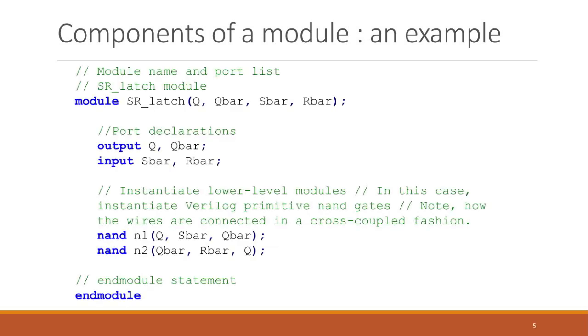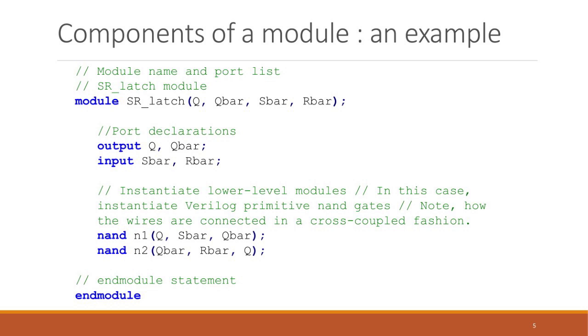So here you can see the Verilog code for the module that models our SR latch, and we look at the components of this Verilog module. Actually, like I told you earlier as well, the basic details about components of a module, we already have looked at in the previous lesson. We look at them in detail here.